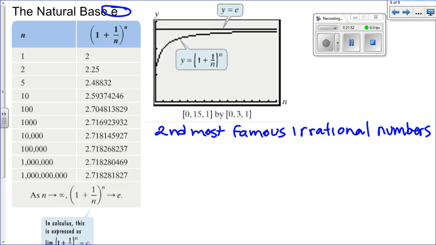That means that we cannot express it as the ratio of 2 integers. That's why it is irrational. Which one is the most famous irrational number? Pi, that's true. What is the third most famous? Square root of 2, nice. Okay, so that number is also called Euler's, yes, or natural number.